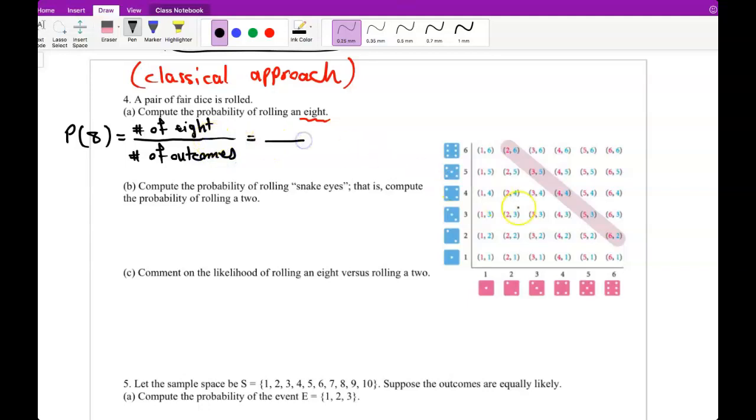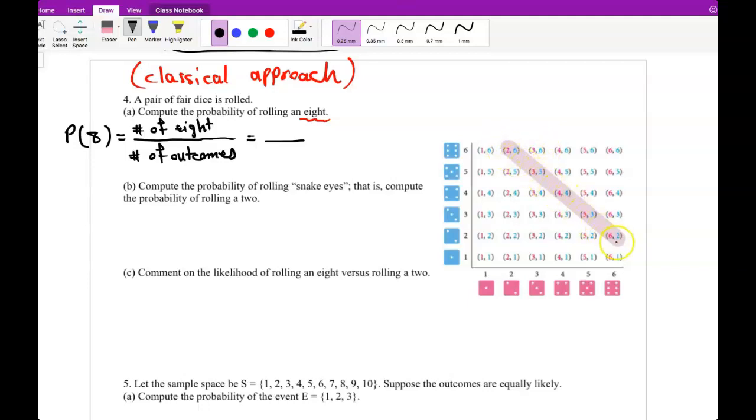Based on what we have here, we should see how many 8s we have. How can we find which one is 8? By adding these two numbers: 1 plus 6 is 7 here, 2 plus 6 is 8, 3 plus 6 is 9.